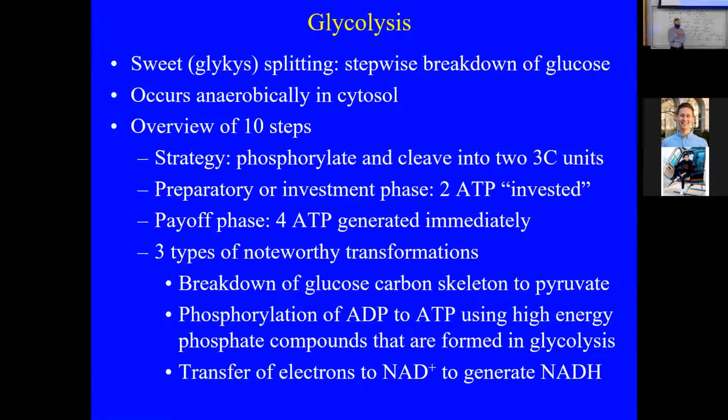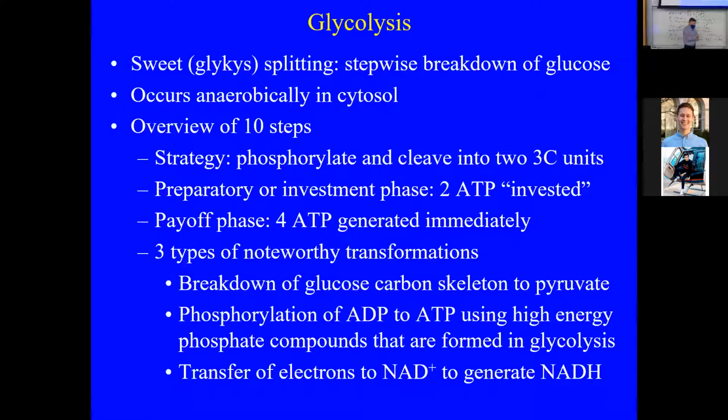The product of one of these steps becomes the substrate of the next step, and so forth. And one might ask, why so many steps? Why not just take glucose and burn it up and let the energy out?